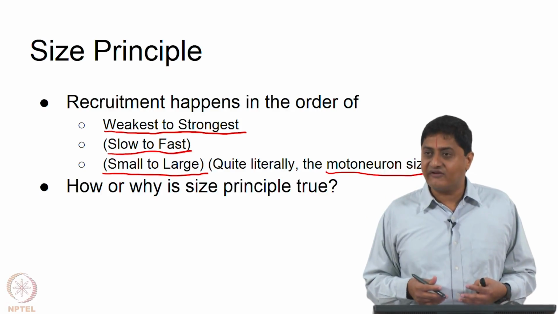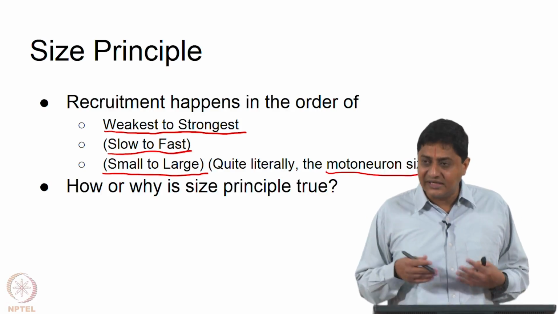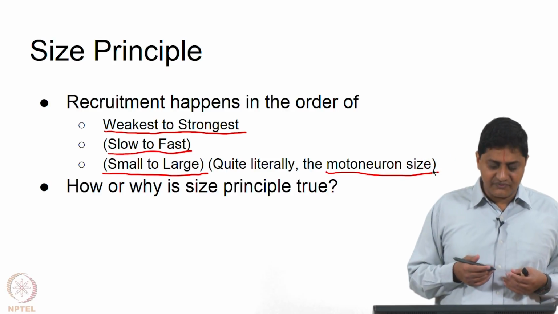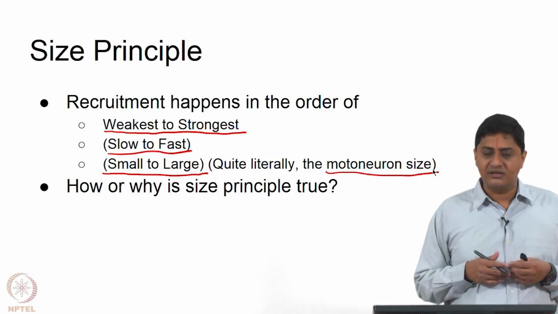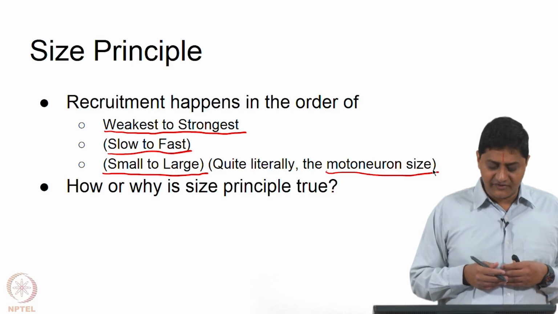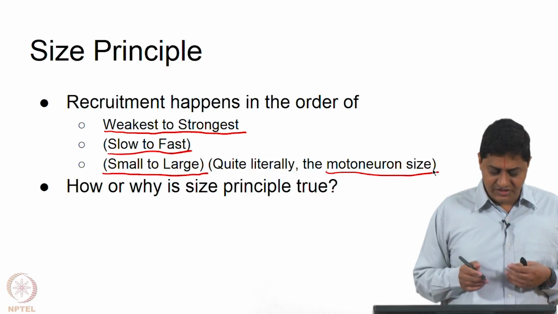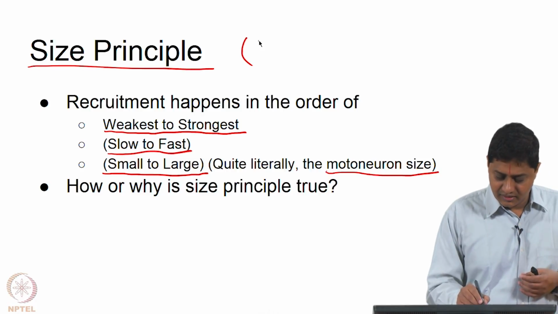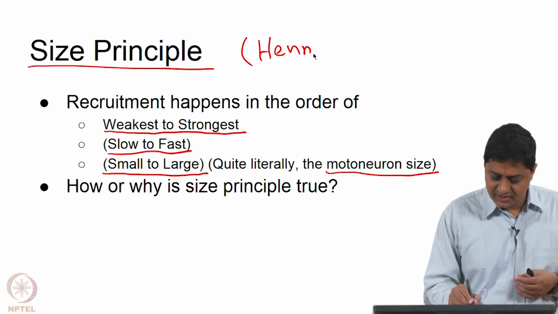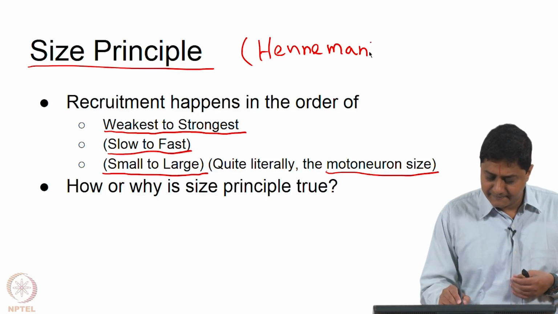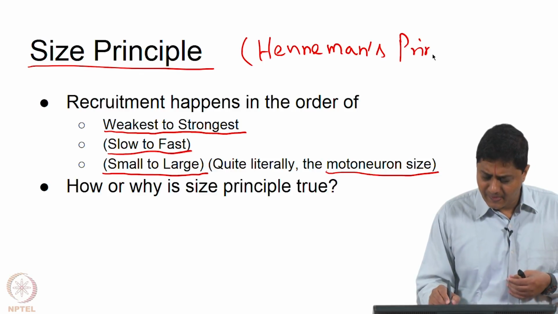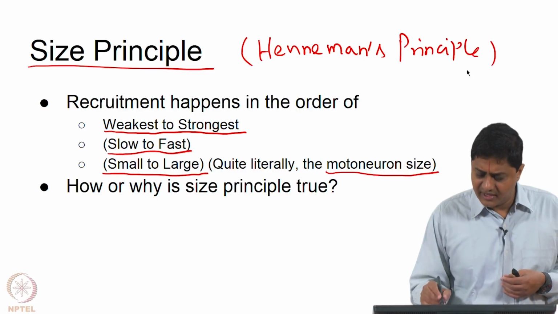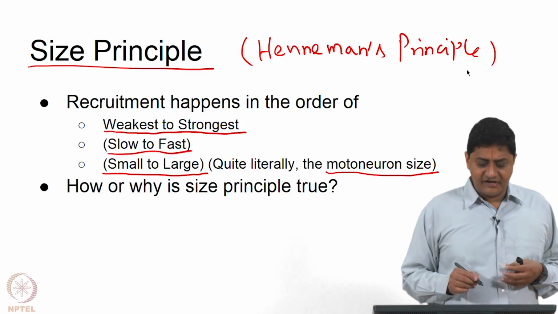These motor neurons have larger diameters, they are literally big. We said that this recruitment happens in the order of size from the smallest to the largest. This principle is called the size principle, or also called Henneman's principle, proposed by Elwood Henneman in the 1950s.